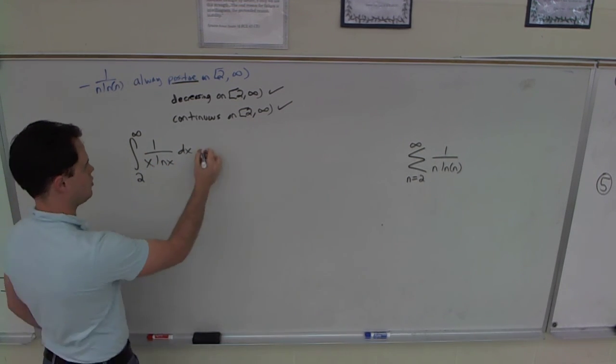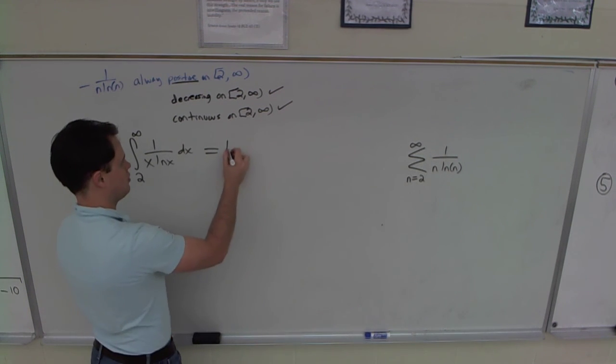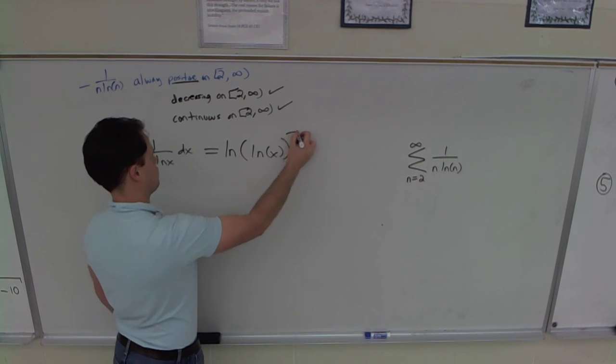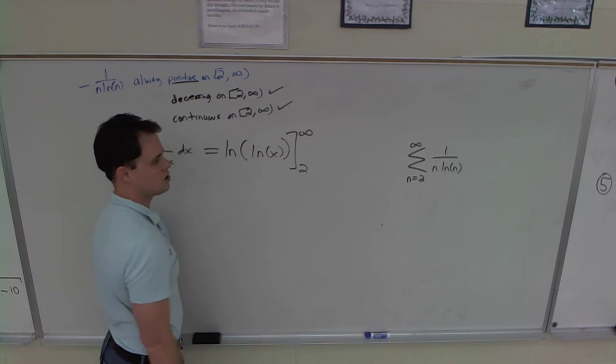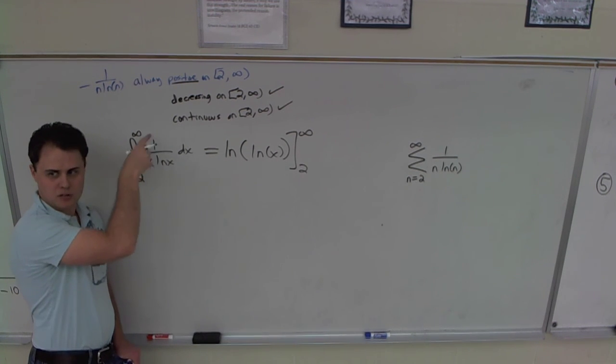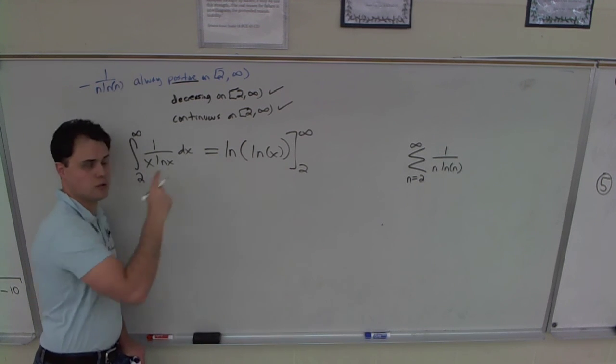You guys said you knew what that integral was. What is it? The natural log of the natural log of x. Yes, ma'am. Because u is ln x, the derivative's sitting right there. What's the derivative of 1 over u? Ln of u.